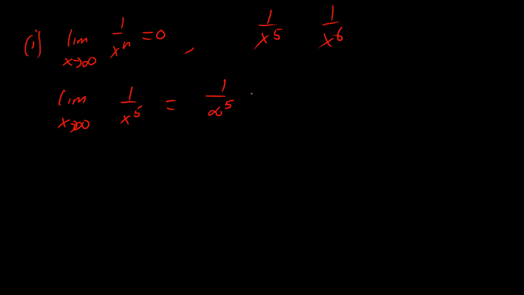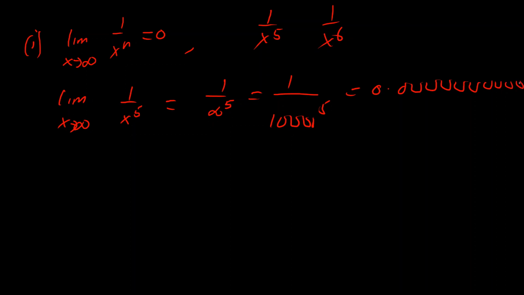Now let's look at something. If you have 1 over 1000 to the power 5, infinity means a number that is getting larger. It does not have a specific value. And so if you have this value to the power 5 and it's being divided into 1, you realize that it is approaching 0.